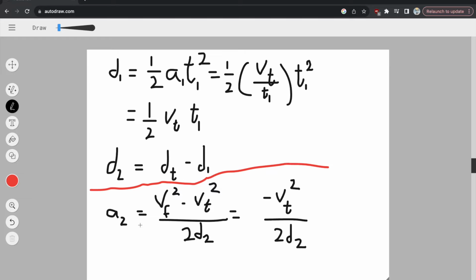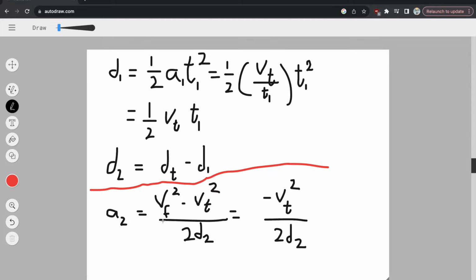And then this equation here is how we can figure out our deceleration value from knowing our initial velocity. In this specific case, our initial velocity is our target velocity, and our final velocity would be 0, because we're going from target velocity to 0.